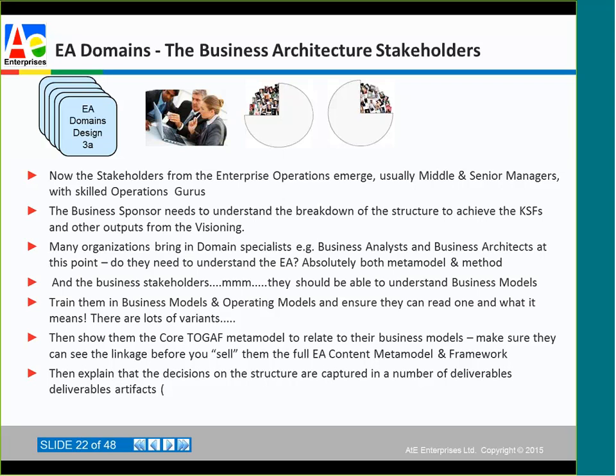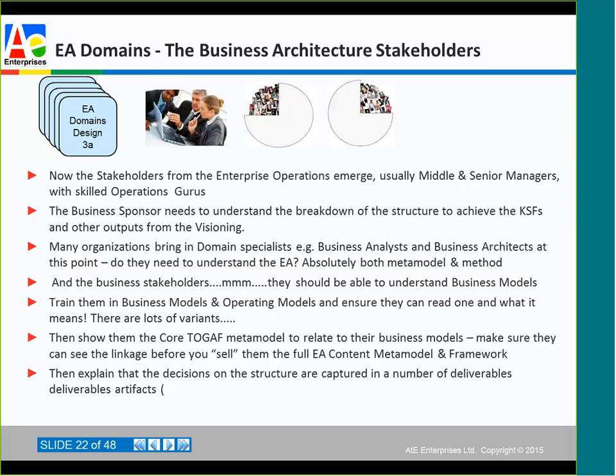And there are lots of variants, lots of different ways of communicating that. I would do that first. And then when I'm comfortable that they understand that and they can themselves start to articulate it, then I'd start to show them the core TOGAF type meta model. So the very simple EA meta models that relate to their business models. So make sure they can see a linkage between what they're doing and what you're selling them with the bigger content meta model and framework.